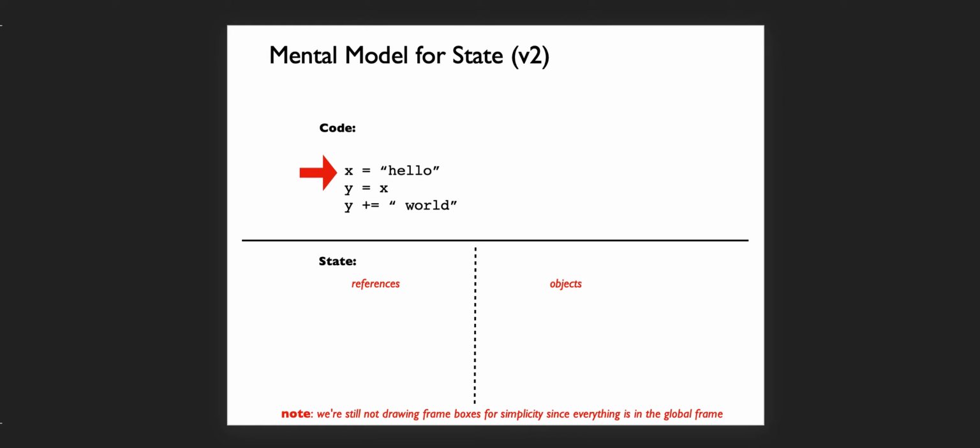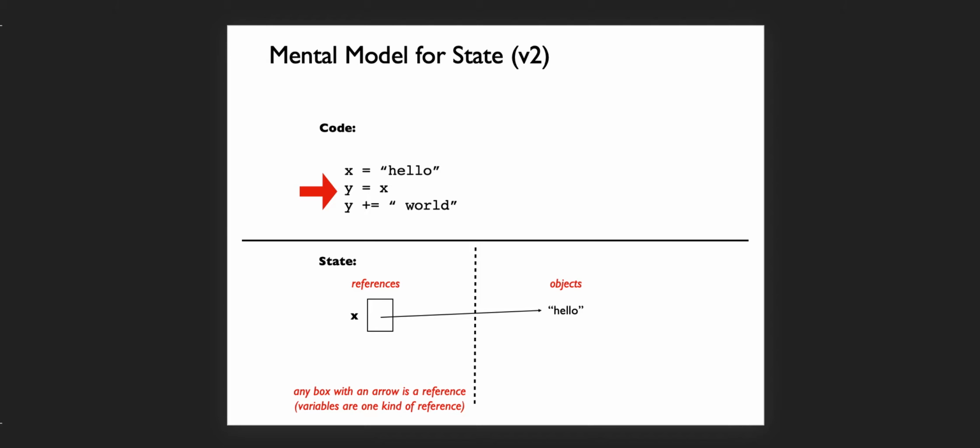So let's look at version 2, which is actually the more correct version. Let's go through the same example, and this time we are going to have a separator for the objects and the references, the right side being the heap and the left side being the stack. What happens when you create a reference x to point to the object hello is that you have a box for x, and then you have an arrow pointing from x to the immutable string hello.